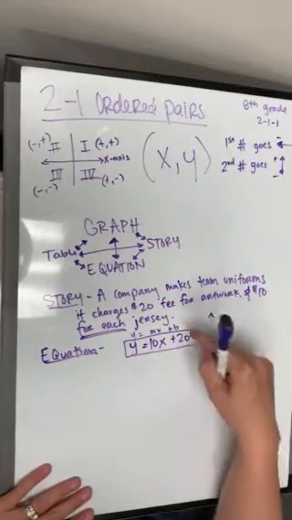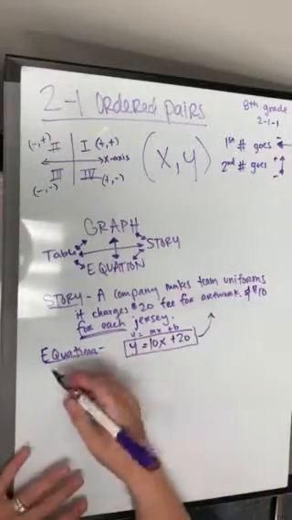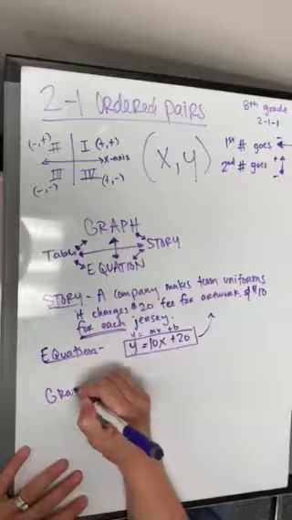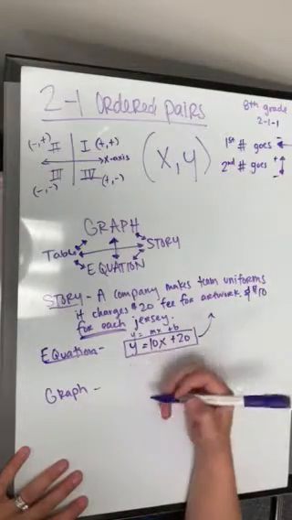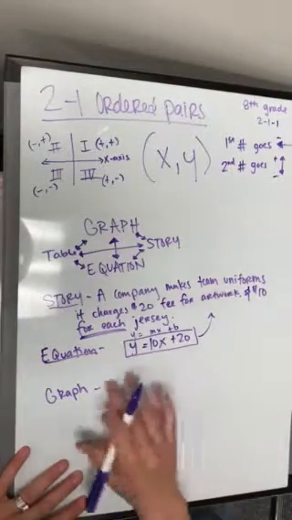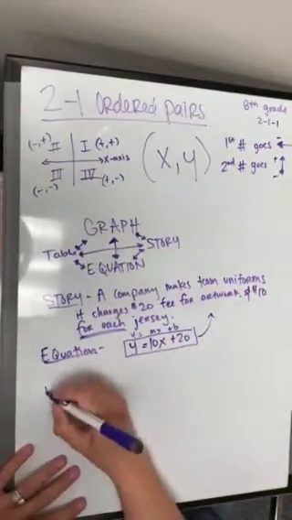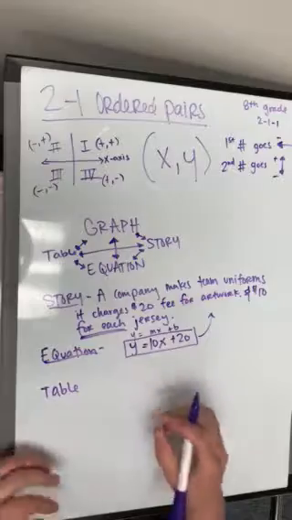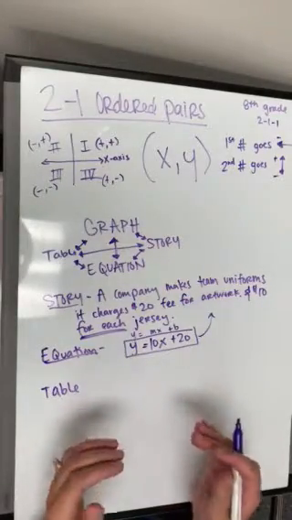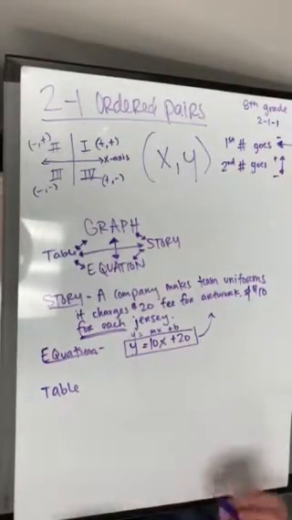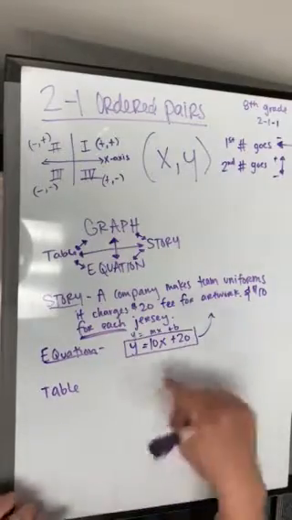Now this equation, using y equals mx plus b, which we'll talk about, we can actually graph it. Actually, before I graph it, let's do the table first. So we can actually make it into a table, and the table's nice and easy because it shows us our ordered pairs that we'll be using in order to do the graph if you don't know how to just graph this.